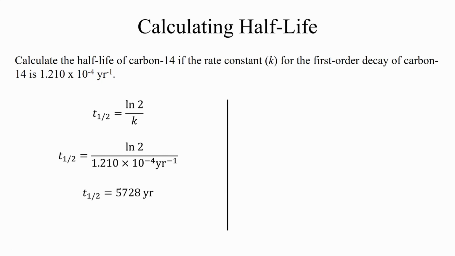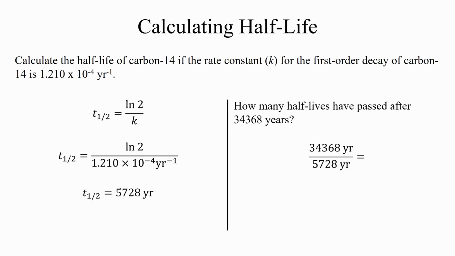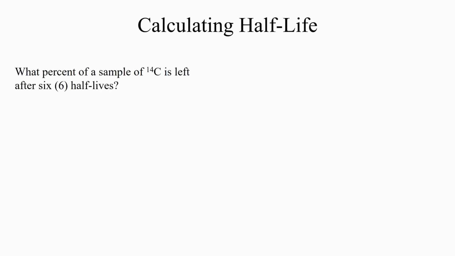What can we do with this? Well, how many half-lives have passed after, say, 34,368 years? Well, this is just a ratio of how many years have passed over the half-life. So in this case, after this many years, 6 half-lives have gone by. Alright, well, what percentage of the sample of carbon-14 is left after 6 half-lives?